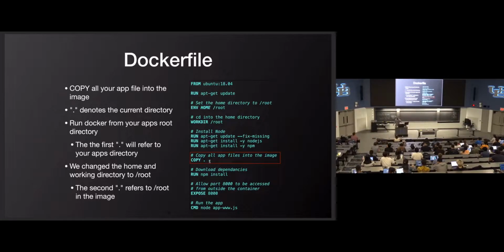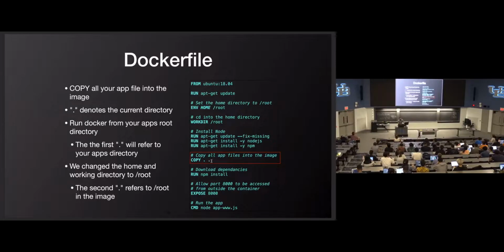Dot is the path for the current directory, whatever directory you're currently working in. The second one is inside the container, which I already know is /root because I set it as /root. So it's going to copy all of my files from the current working directory, the directory that the Dockerfile lives in, into /root inside the container.